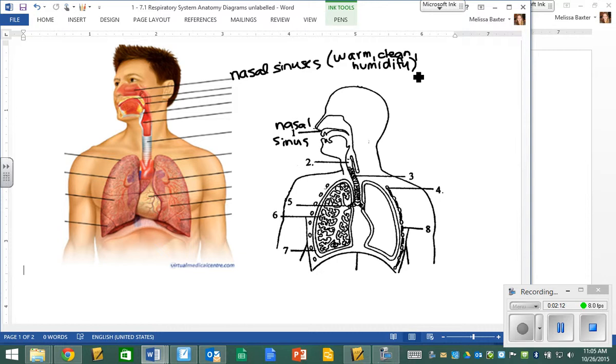So it is better, if you would like to have warm, clean, and moist air in your lungs, which is preferable, for you to breathe in through your nose. The other reason is that a lot of research would indicate that breathing through your mouth sends a signal of panic or stress to your body. And so normally, breathing through your mouth would be necessary when you need incredibly large volumes of air really quickly.